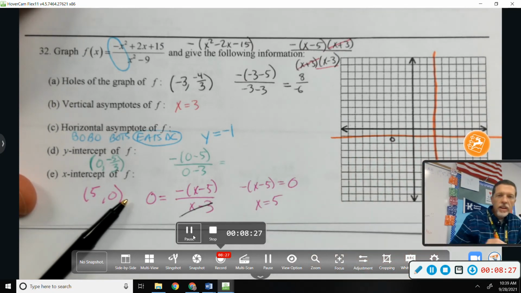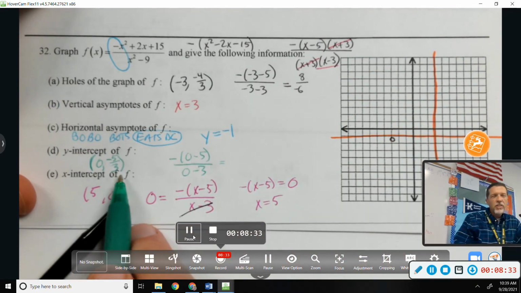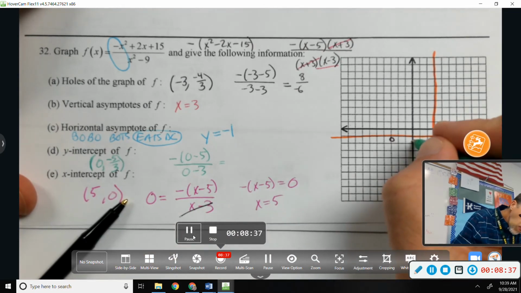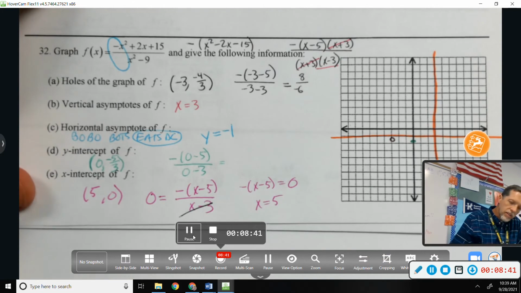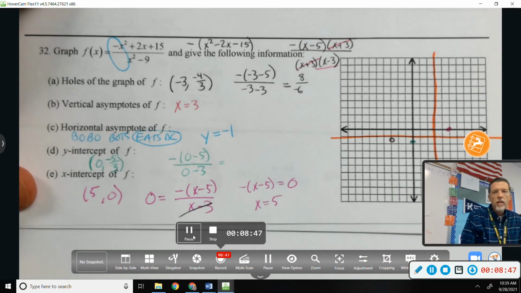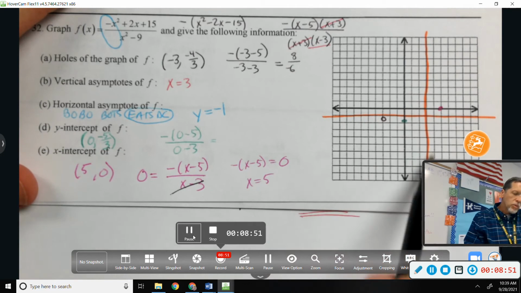Horizontal asymptote y equals -1. We got lots of stuff on this one. -5/3, that would be -1 2/3. And then an x-intercept of 5, 0. So on the left-hand side, I feel pretty good. I got 2 points already.